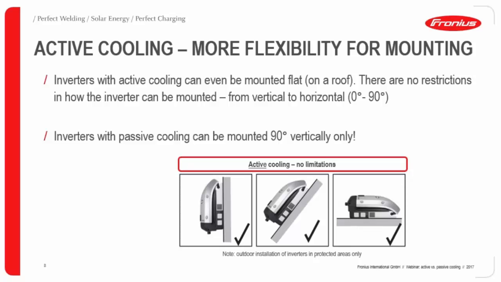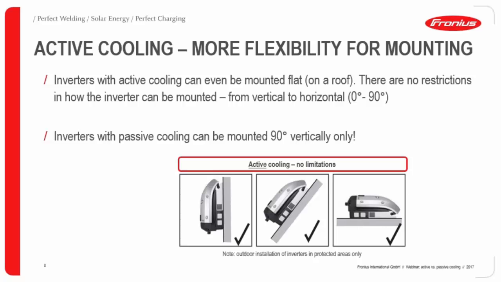Active cooling can mean more flexibility. You have basically no restrictions in the way you mount the inverter on a wall or a roof. From horizontal mounting to vertical mounting and all angles in between is possible, so there's no restriction.